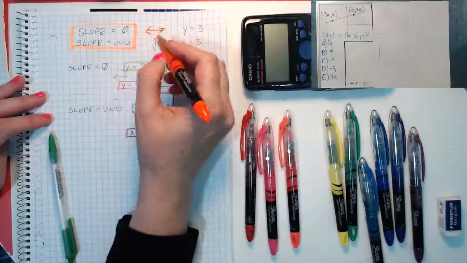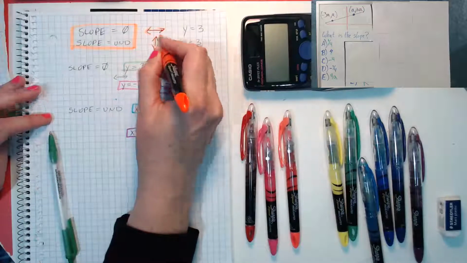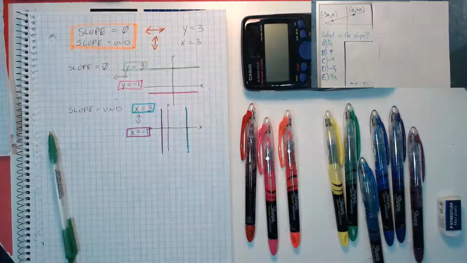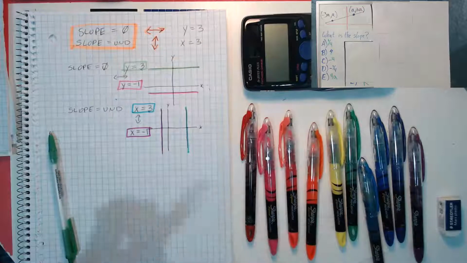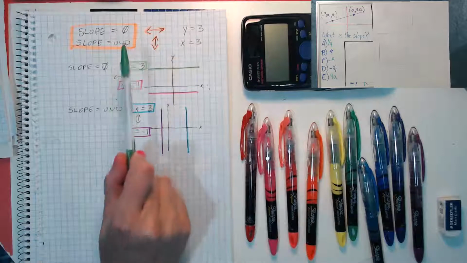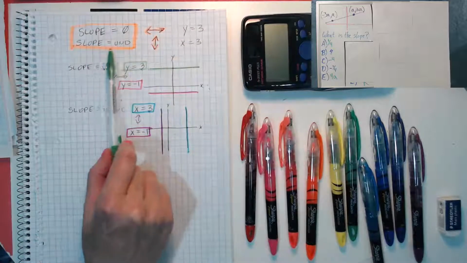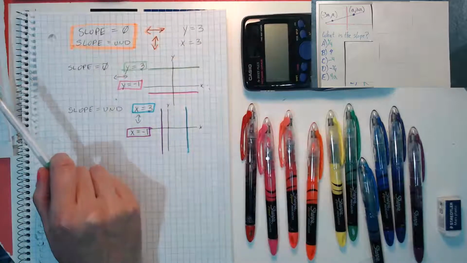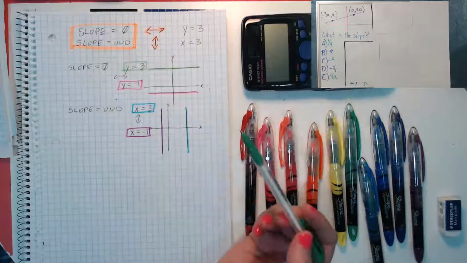If slope is undefined, it goes up and down. That's a huge cheat when you're doing your exam. I'm going to show you a question today you should be able to answer in less than 10 seconds by just memorizing this. You'll be able to answer quite a few questions pretty quickly.